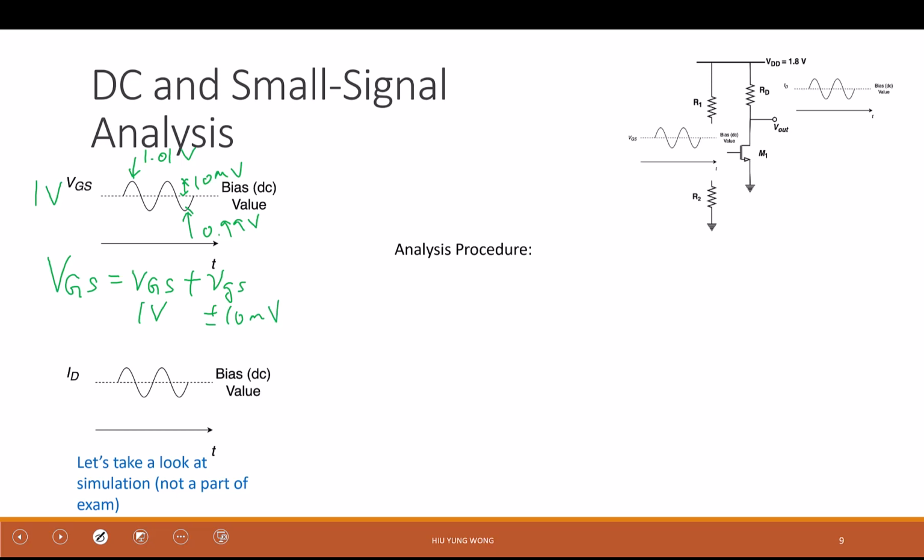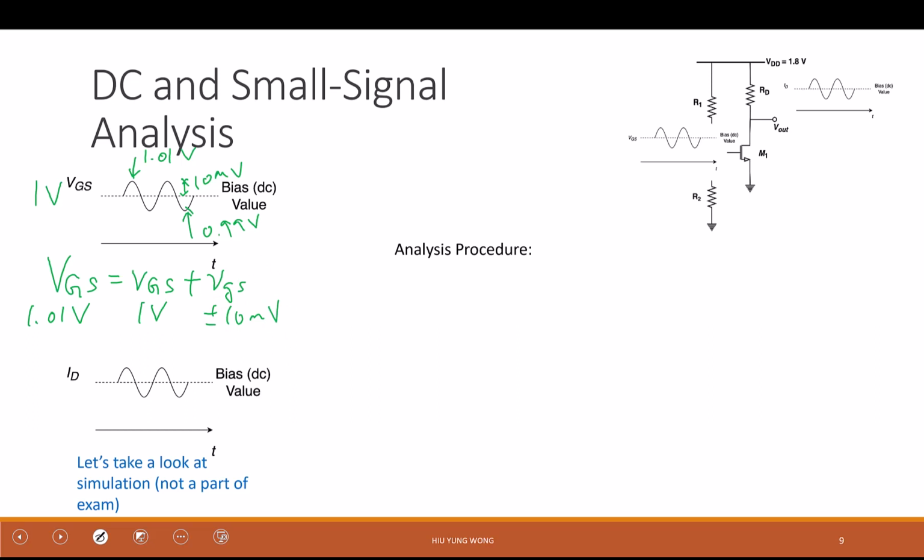And then you get 1.01 volt, for example. Your transistor really sees this overall voltage, but this voltage is actually a constant voltage plus a small fluctuation on top of it. And this is the small signal we will be talking about in this class.